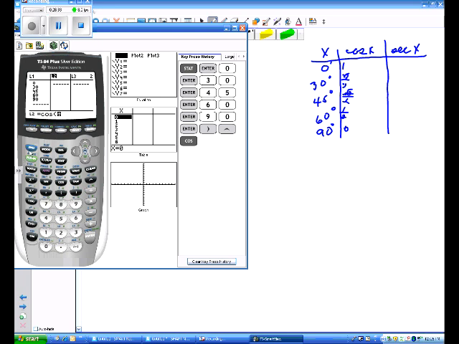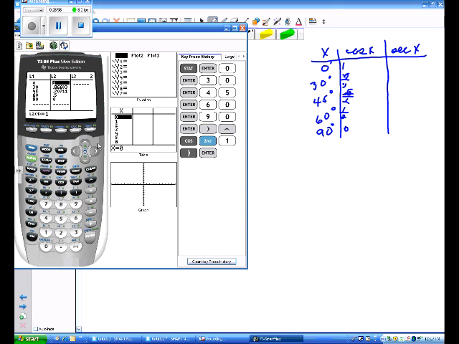So we do second, and then your number 1, and that puts L1. Close your parentheses and press enter. Notice it went through and entered all the values. The cosine of 0 is 1. Cosine of 30, if we did square root of 3 over 2, you would get 0.8660. The cosine of 45, cosine of 60 is 1/2.